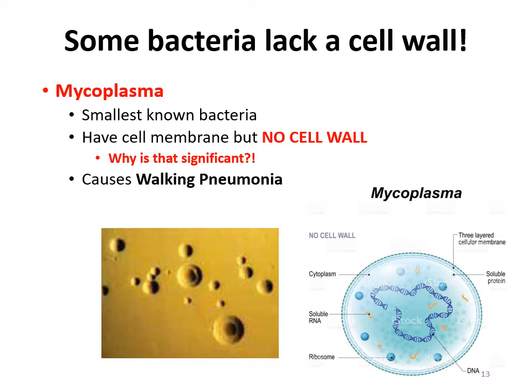And when we do our chapter on antibiotics, you're going to see that a lot of drugs that we give patients, a lot of antibiotics, target cell walls, including the most famous one, penicillin. If your patient is suffering from walking pneumonia or mycoplasma infection, what's not going to work on them? Anything that targets cell walls, because these bacteria do not have a cell wall.